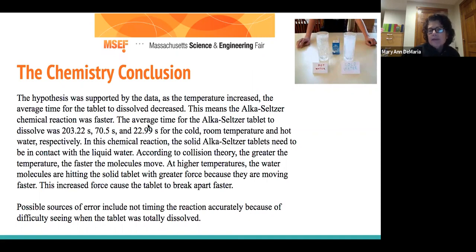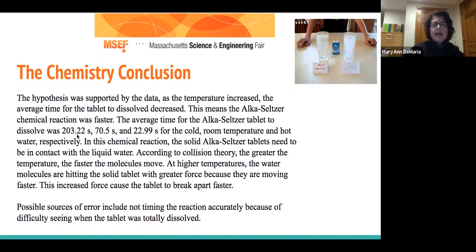I would have liked to have seen this student expand a little bit more on the evidence. What I try to encourage my kids to do is take the numbers. So this number, 203.22, is 8.8 times larger than the 22.99 number.